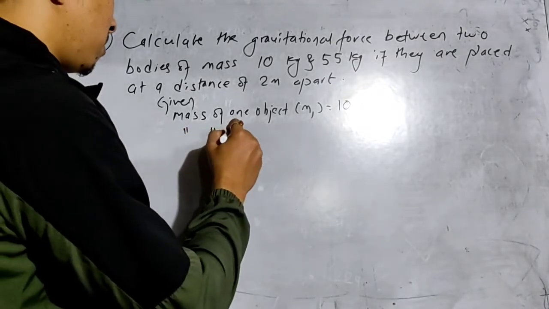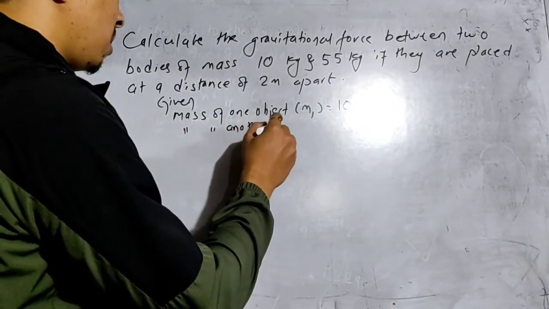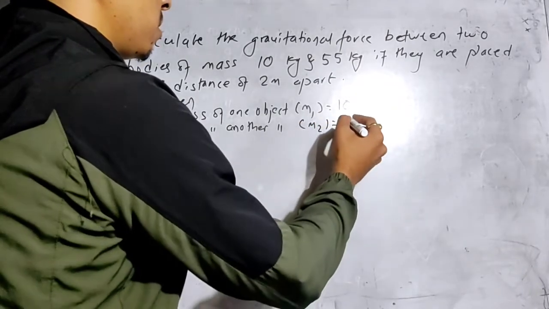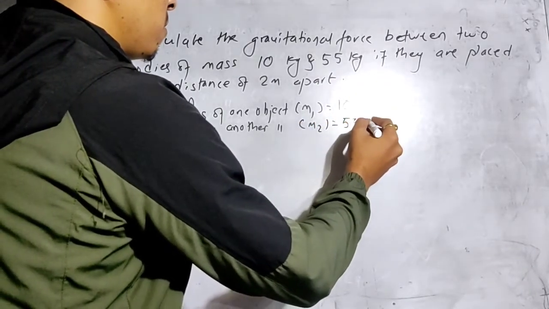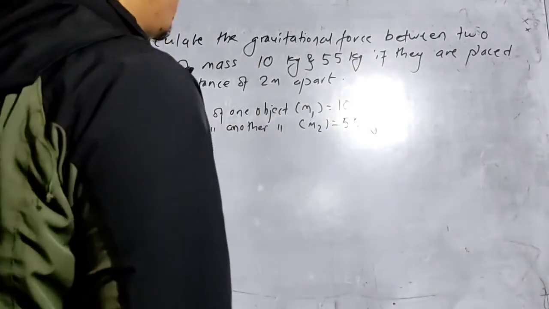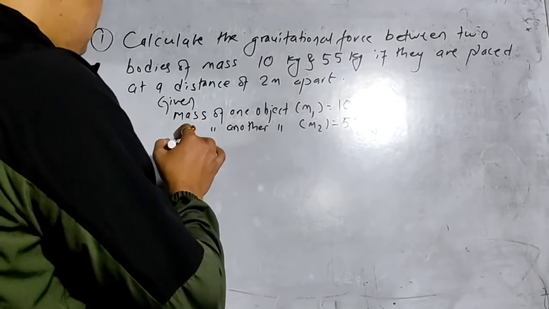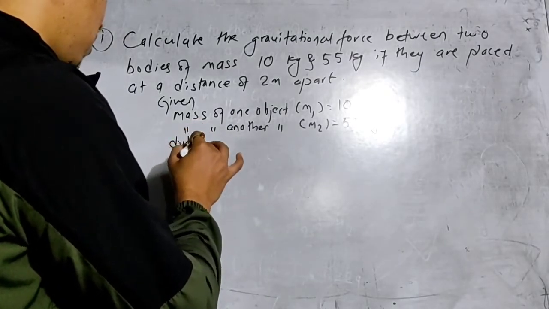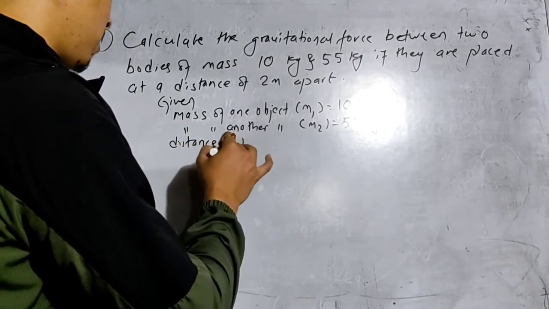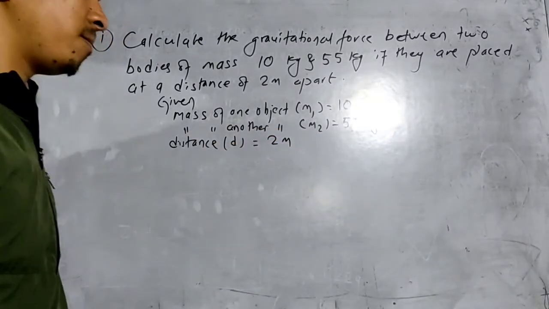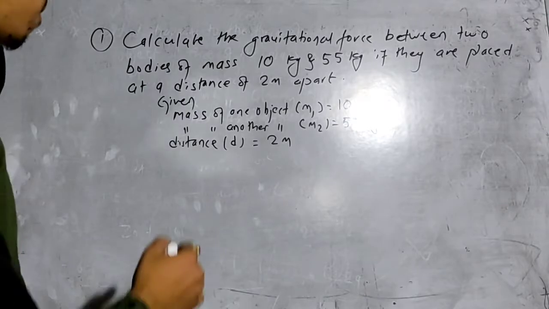Mass of another object, m2, is 55 kg. And now the distance between them is 2 meters. Now simply we have to apply the formula.